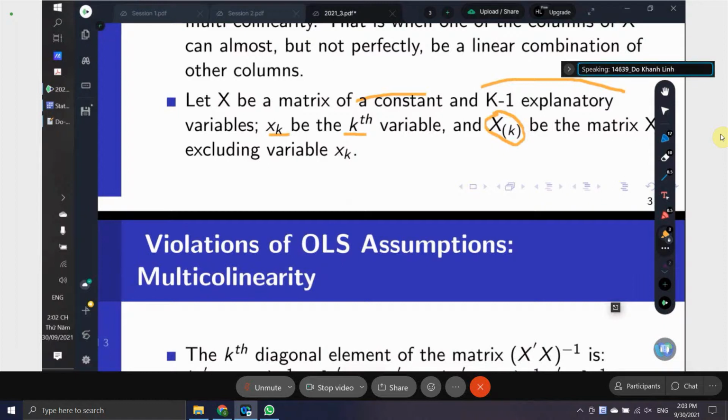Okay. My question to Khánh Linh: in the statement we are discussing here, what is the number of columns in Xk? The number of columns is K minus 1. That's correct.